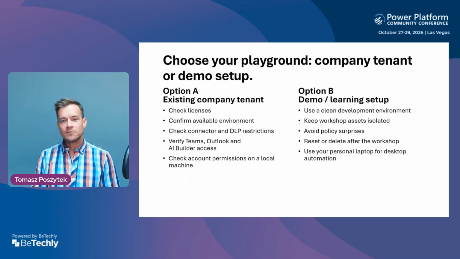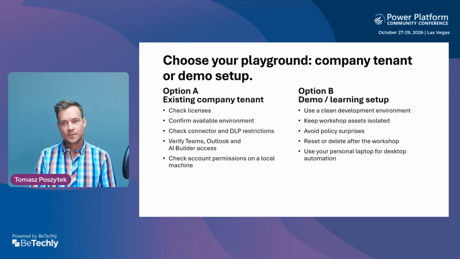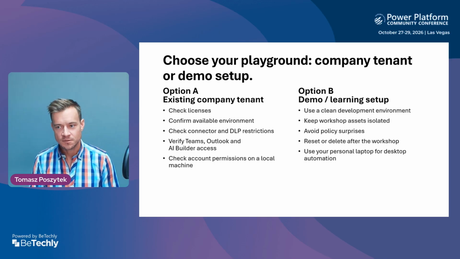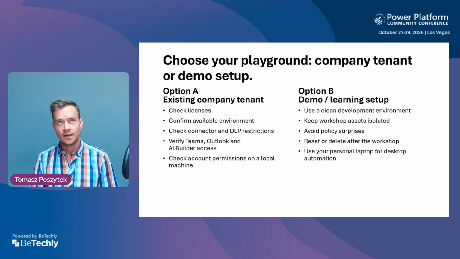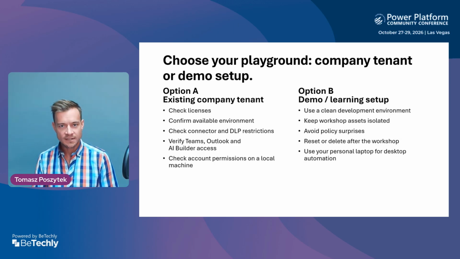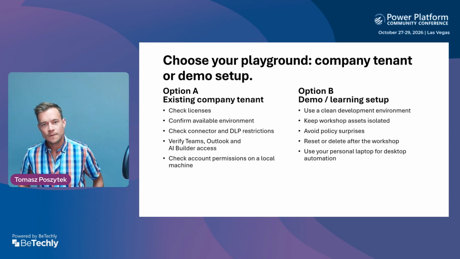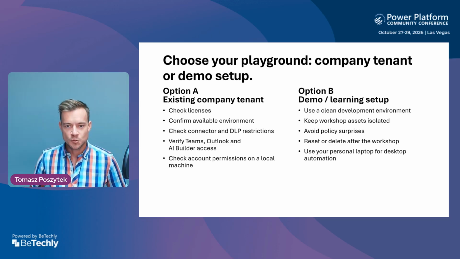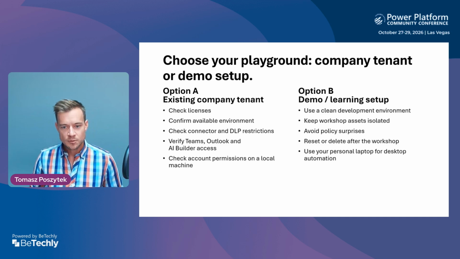Now, speaking about the layout that you would like to choose for the workshop, there are two major options. The first is that you use your own tenant, a tenant that already exists. Either this is going to be your tenant or your company's tenant, this is up to you. And also a machine that could be delivered by your company, or your company's laptop.